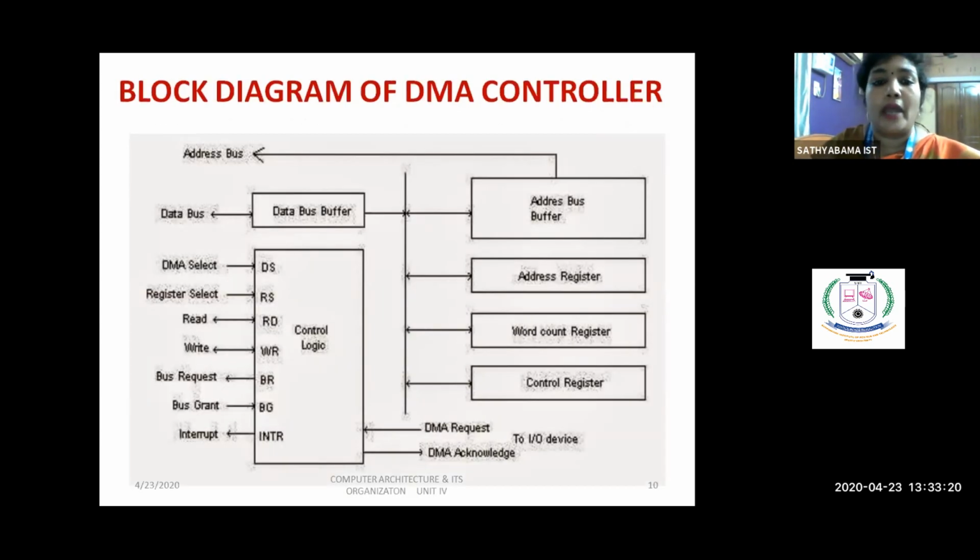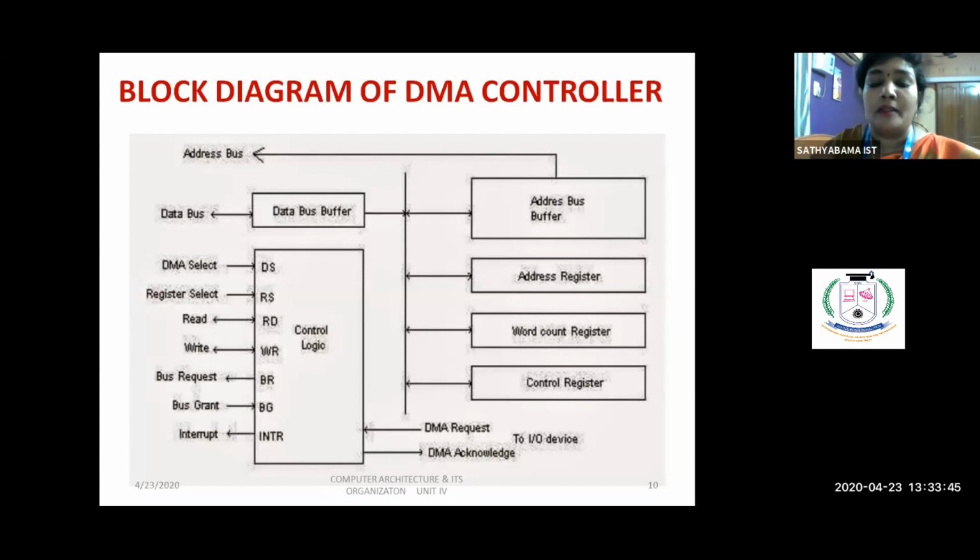Then you have the control logic. In the control logic, you have signals. First one is DMA select. In order to transmit the data through DMA, this signal should be activated. So first the CPU will select DMA through the address bus. Then next one is RS, register select.